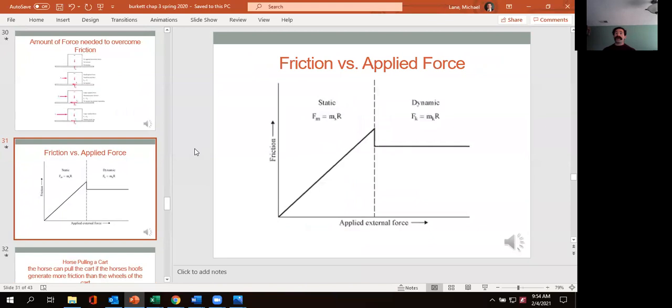So if we look at the force applied over time, we're going to see that force increasing until we hit that point where we overcome static friction. And then boom, dynamic friction is markedly lower, usually a tenth of a point. Friction is usually a value between 0 and 1.